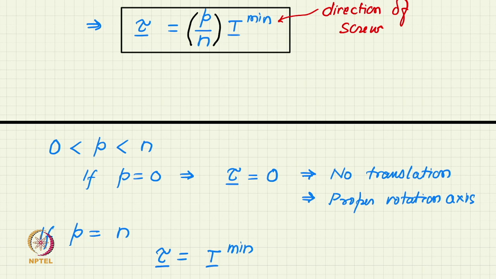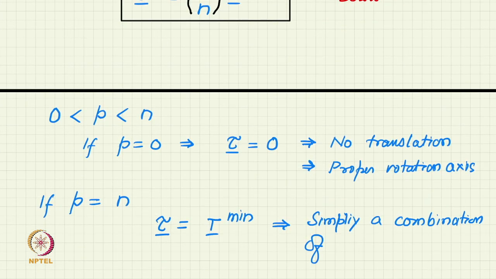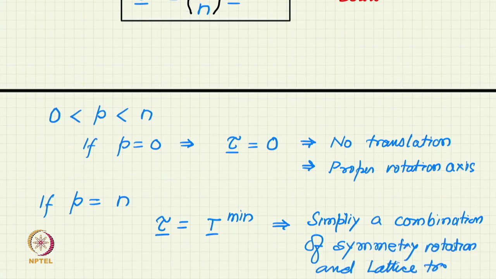That is a combination of two symmetry operations, which because of the group property of the symmetry operation is always possible. So, this is not a special case, simply a combination of a rotation and a lattice translation.